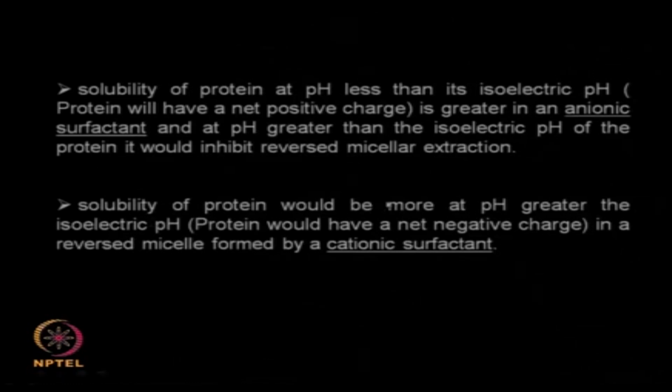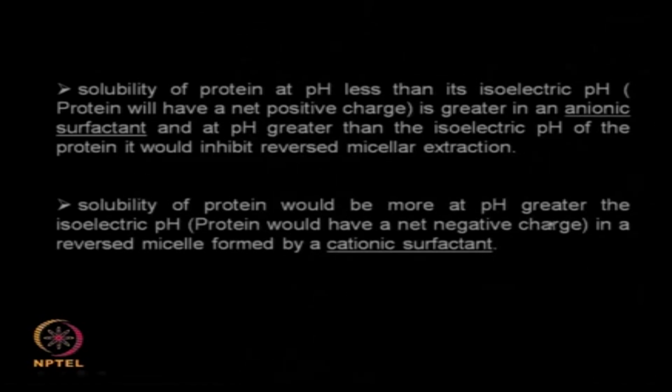So solubility of the protein would be more at pH greater than the isoelectric pH if the protein has a net negative charge in a reverse micelle formed by a cationic surfactant. Okay. So depending upon the pH, we can select the type of surfactant. Do I need an anionic surfactant or do I need a cationic surfactant? Okay.